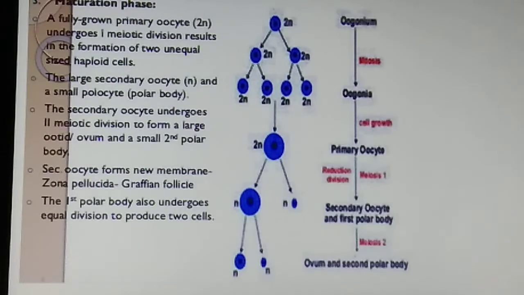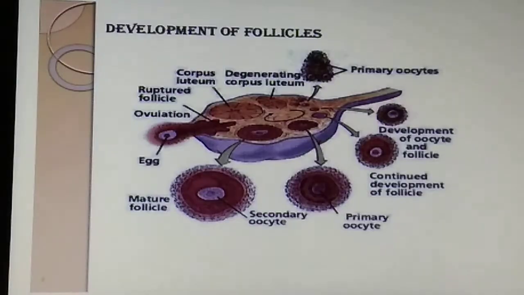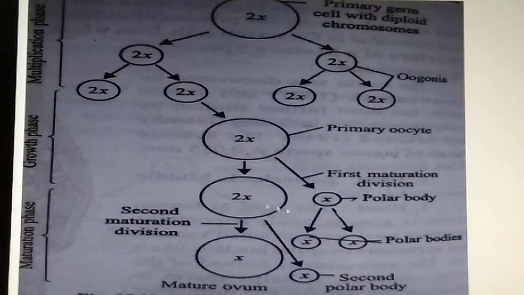Fine. And what happens? The first polar body also undergoes equal division to produce two cells. So this is the first polar body students. Fine. I would like to show this with the help of another diagram. Look here. So this is the first polar body. This first polar body gets divided into two polar bodies. Fine.